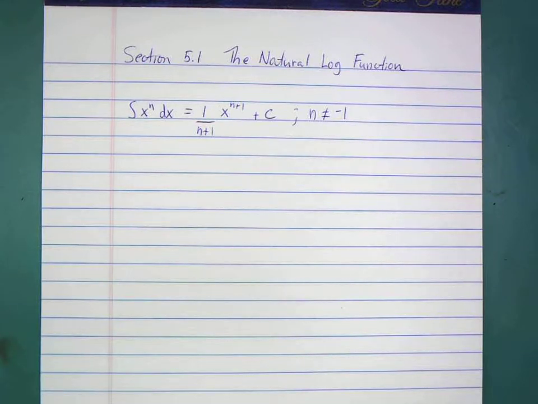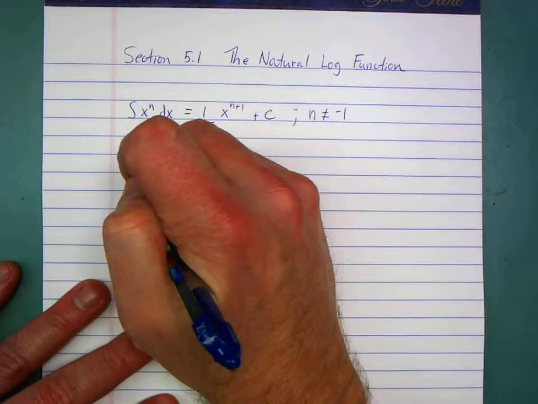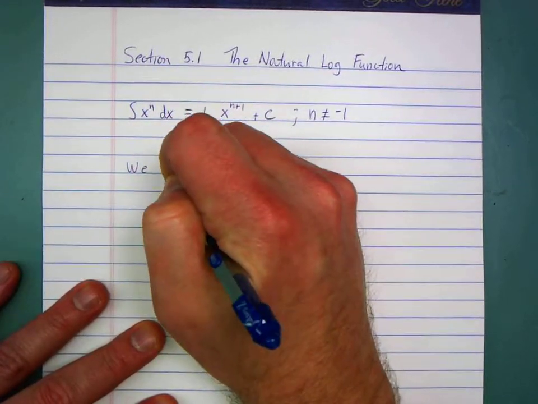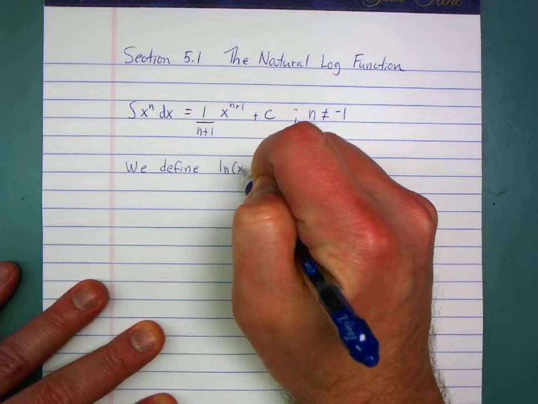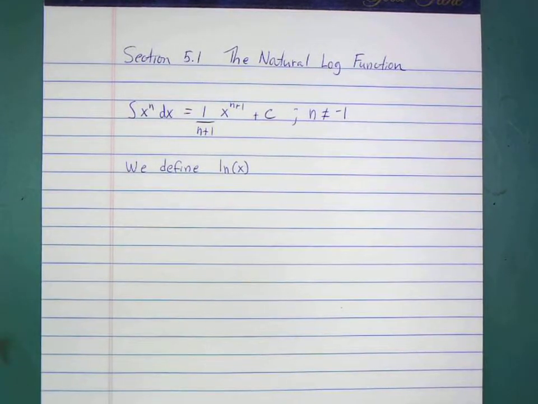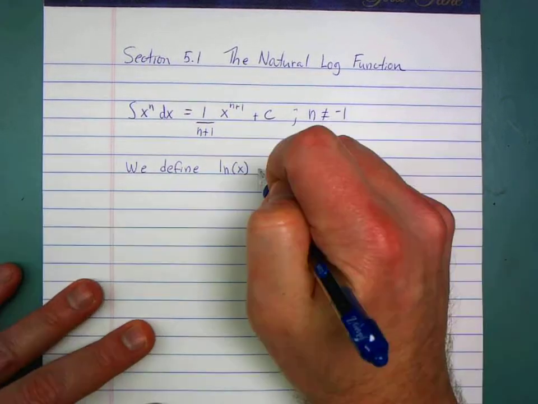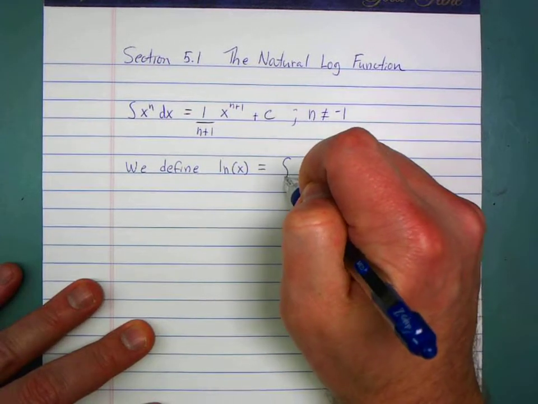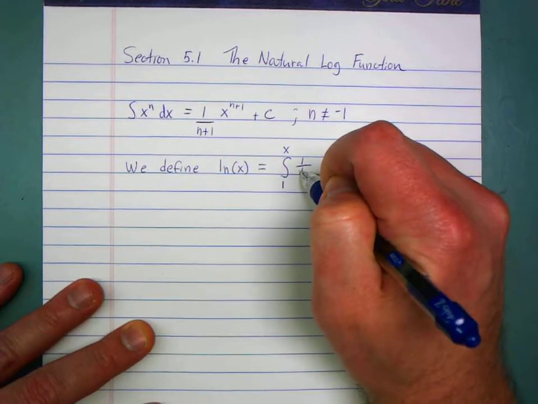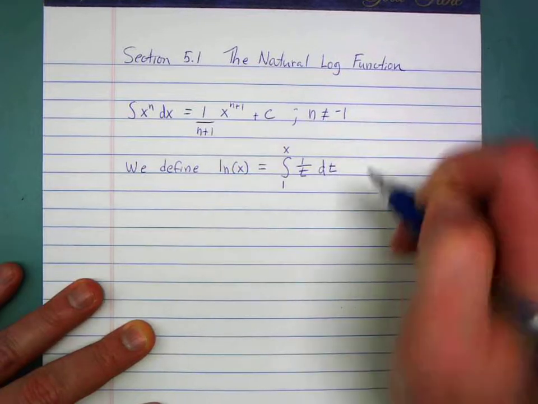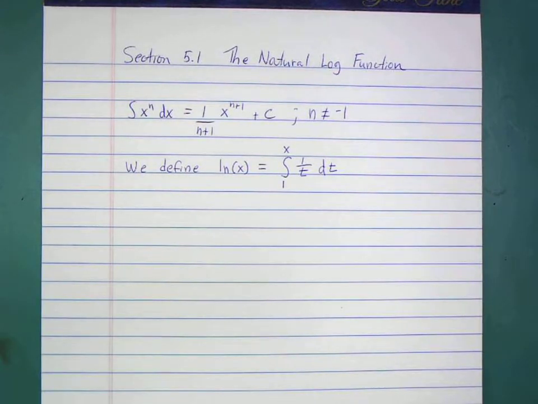All right, so here's the first thing we're going to do in Calc 2. We're going to fix that. We're going to define an antiderivative of x to the -1. So we define ln of x, and ln stands for natural log, equals the integral from 1 to x of 1 over t dt.